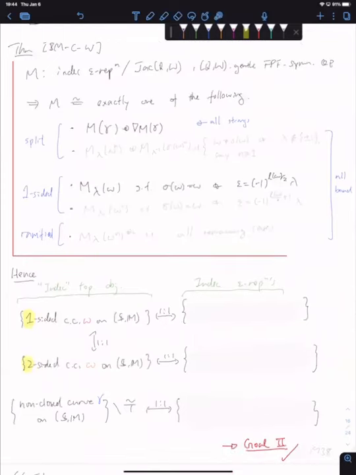So let me redraw the correspondence between topology and epsilon representations. If you have a one-sided closed curve, then you can rewrite this as a one-sided epsilon indecomposable object. Namely, you just take this same thing.